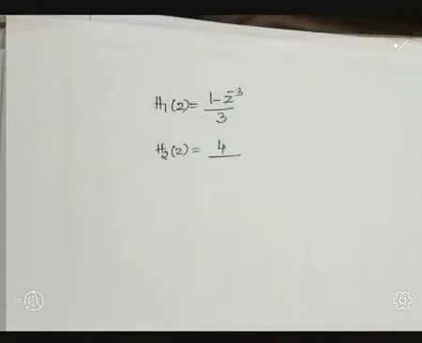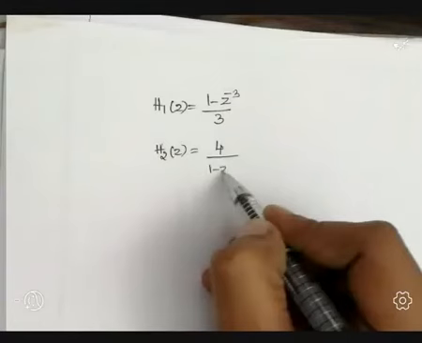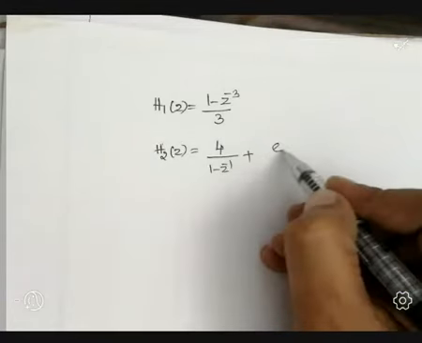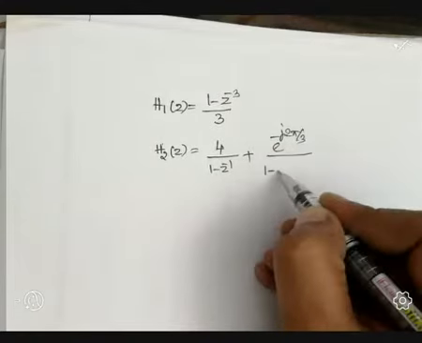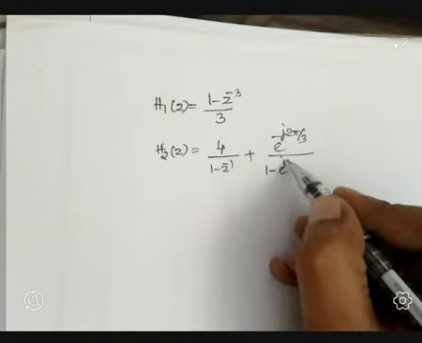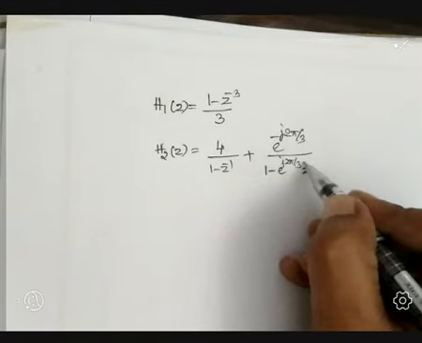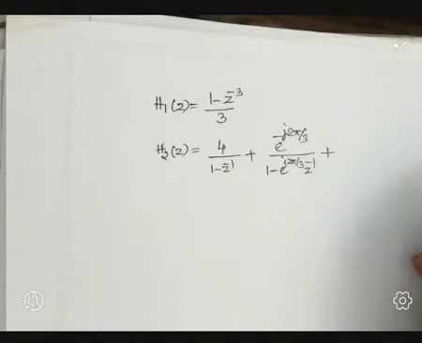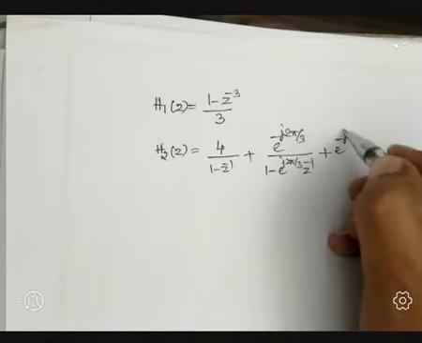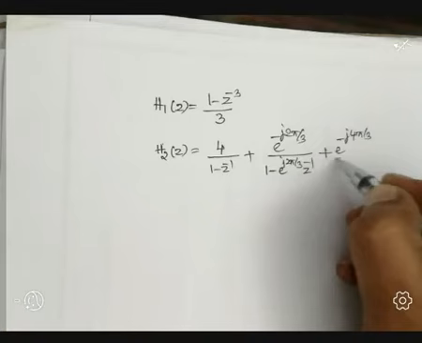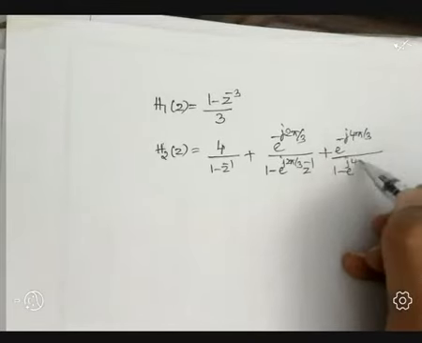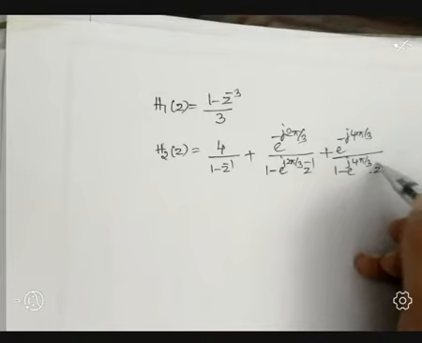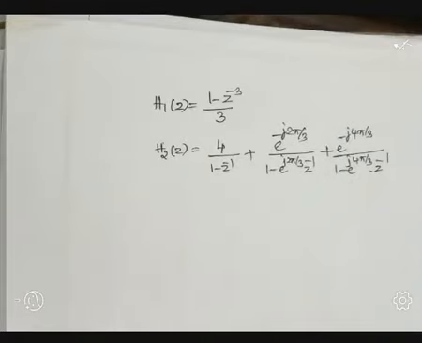So for that, 1 minus z to the power minus 1, then e to the power minus j 2 pi by 3 divided by 1 minus e to the power j 2 pi by 3 z to the power minus 1, plus e to the power minus j 4 pi by 3 divided by 1 minus e to the power j 4 pi by 3 multiplied by z to the power minus 1. This one you have to realize.